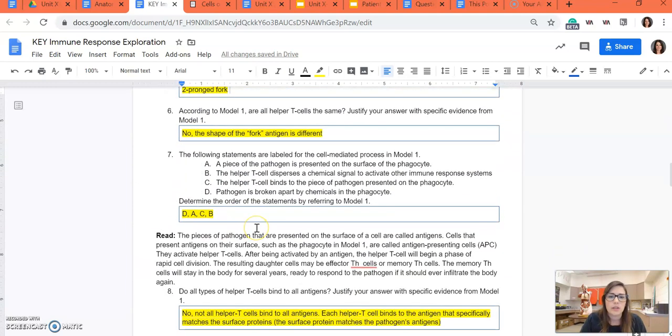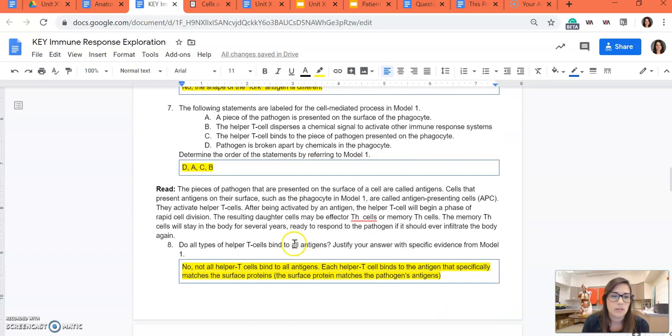Number 7, so in the correct order, D should be first here. The pathogen is broken apart by the chemicals in the phagocyte. And then it should be A, the piece of the pathogen is presented on the surface. C, the helper T cell binds to the piece of the pathogen presented. And then B, the helper T cell disperses the chemical signal, which again, those are cytokines, to activate other immune responses.